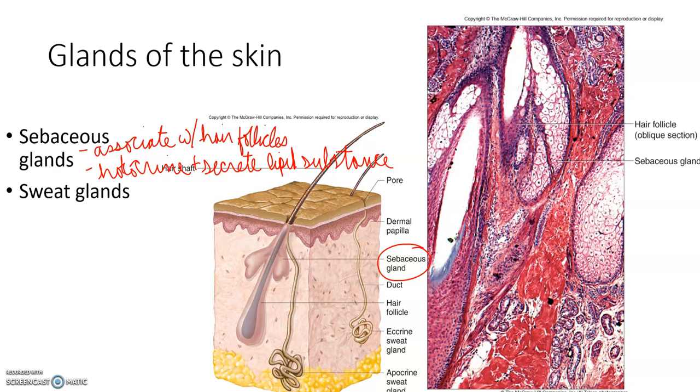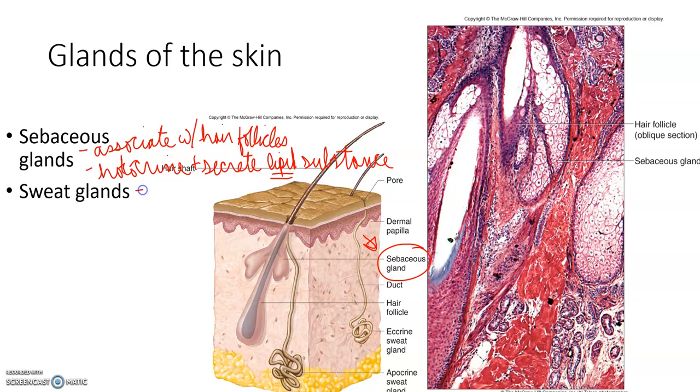And this lipid substance increases the softness and the flexibility of the hair. And so your body is sort of conditioning the hair and waterproofing the hair via these sebaceous secretions. And so hair that's not washed regularly might feel waxy or have a shine to it. It's because it's loaded with this lipid secretion. It's the case that these sebaceous glands can also open on the surface of the skin directly.